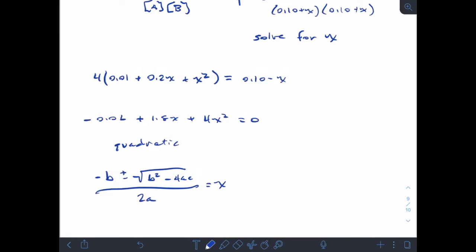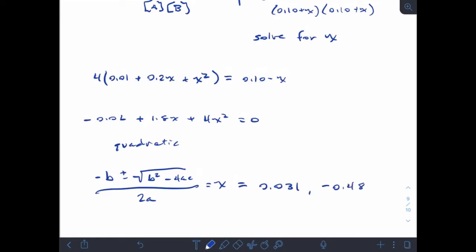Okay, and hopefully nobody's panicking at this point, but hopefully you're remembering that day when you were in algebra class and you said, when am I ever going to actually use this in real life? Well, ladies and gentlemen, here we are. All right, and so we plug everything into the quadratic and we find that there are two values for x, 0.031 and negative 0.48.